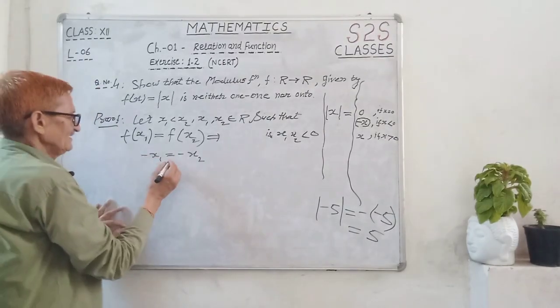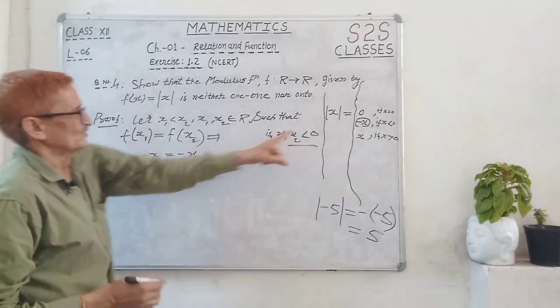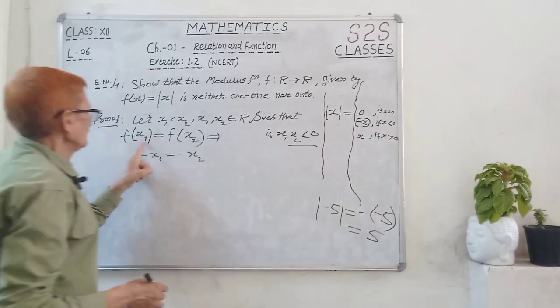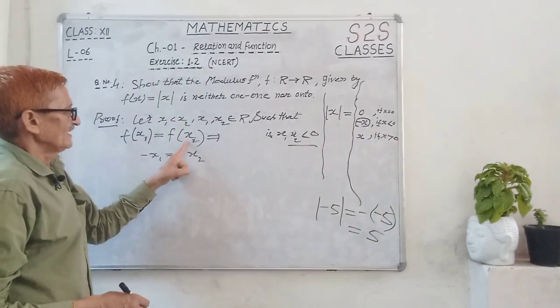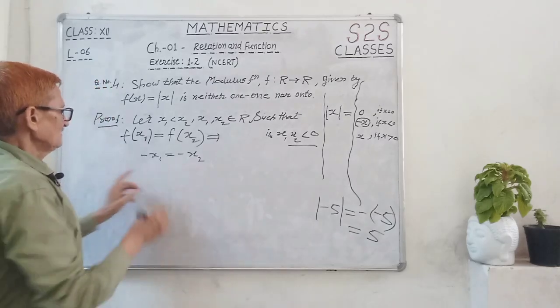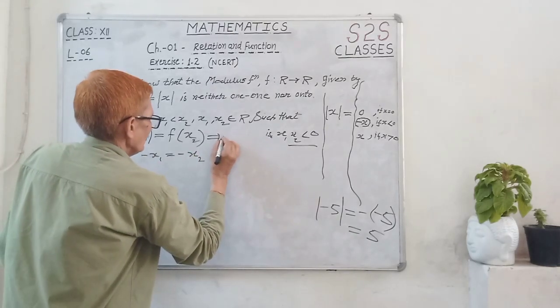If x1 and x2 are less than 0, then minus of that x: if x is x1 and here x2, then minus x1 equals minus x2.